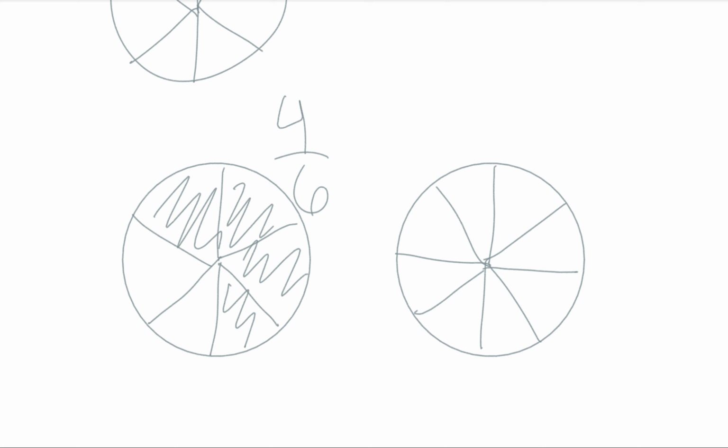In this case, we've got it cut into 6 pieces, and cut into 8 pieces. When it's cut into 8 pieces, it's actually cut into smaller pieces. Now, if I eat 4 of those smaller pieces, I'm actually eating less pizza than if I'm eating 4 of those 6 bigger pieces.